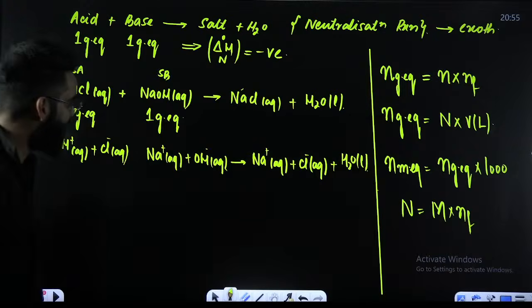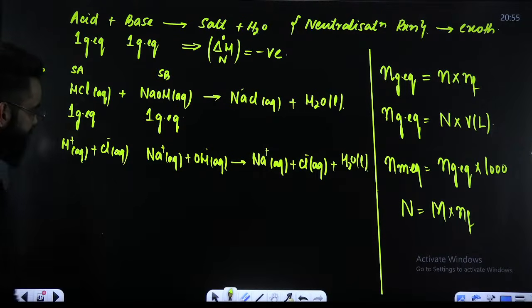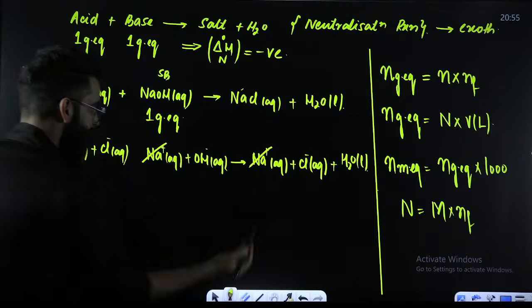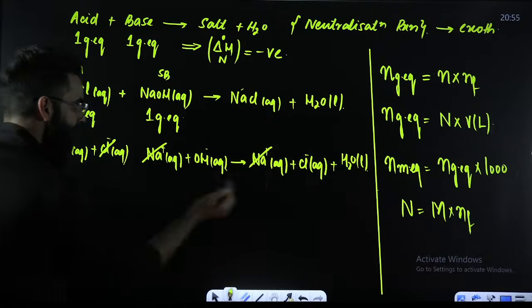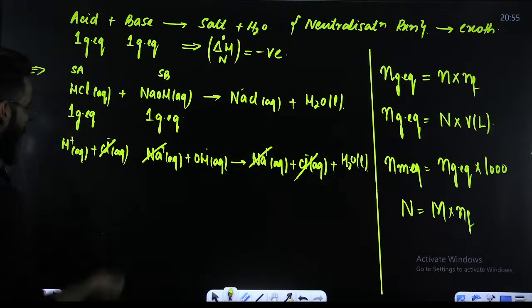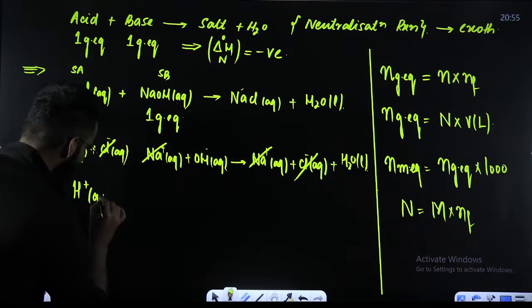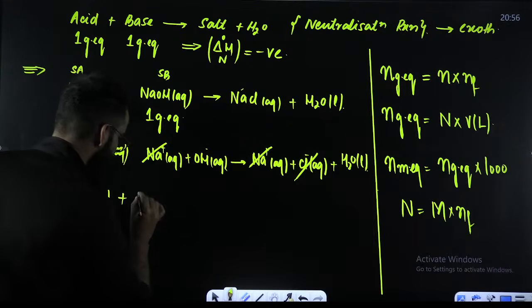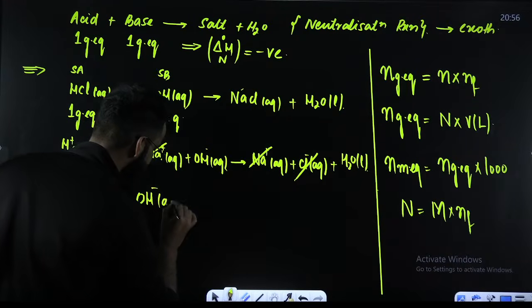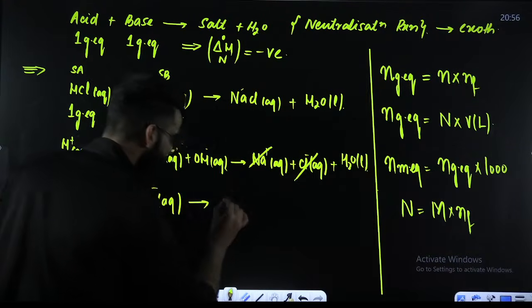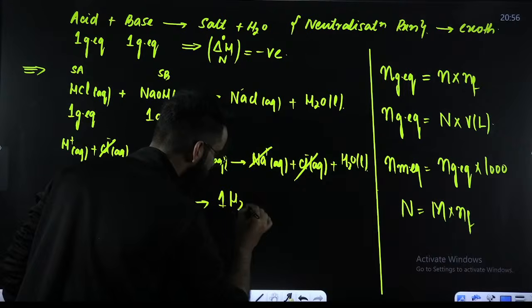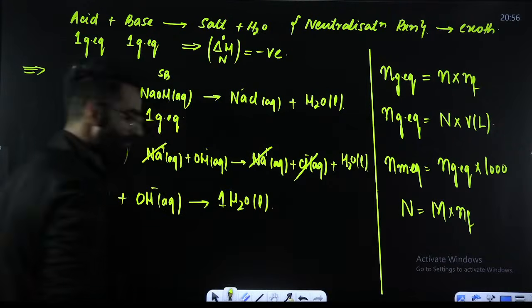Try to understand very carefully, guys. Na positive, done and dusted. Cl negative, done and dusted. What are we left with? We are left with H positive aqueous plus OH negative aqueous. What does it give? It gives 1 mole of H2O liquid.